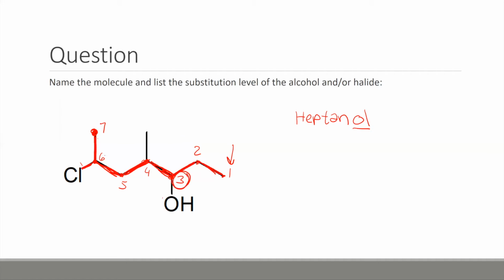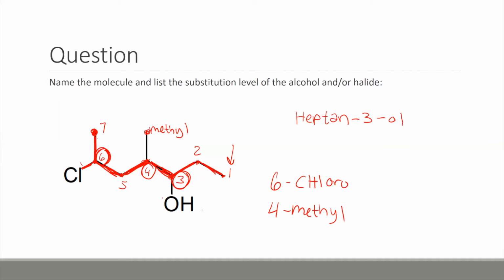I have a chlorine in position 6, and I have a methyl group in position 4. So there's a 6 chloro on here, and there's also a 4 methyl. And our 3 is going to go here, right? Between the hept and the OL. So this will be heptan-3-ol.